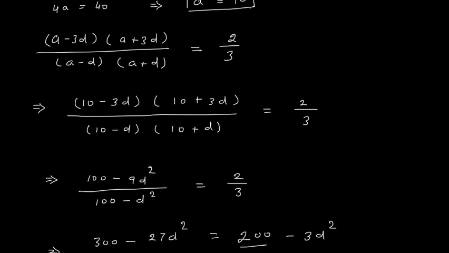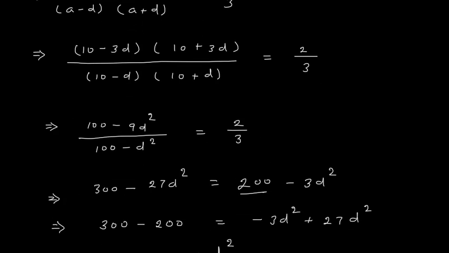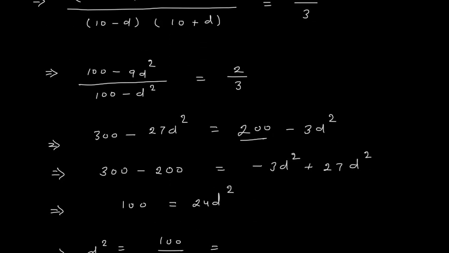The ratio is given as 2:3. So this is 100 minus 9d square upon 100 minus d square. This is 2 upon 3. We cross multiply. 300 minus 27d square is equal to 200 minus 2d square. Okay, this is 2d square. By mistake I have written 3.